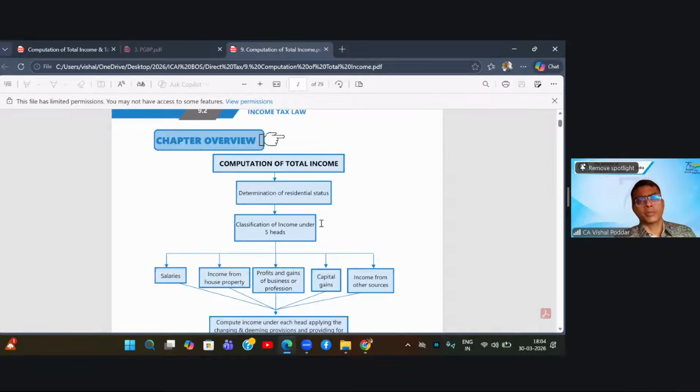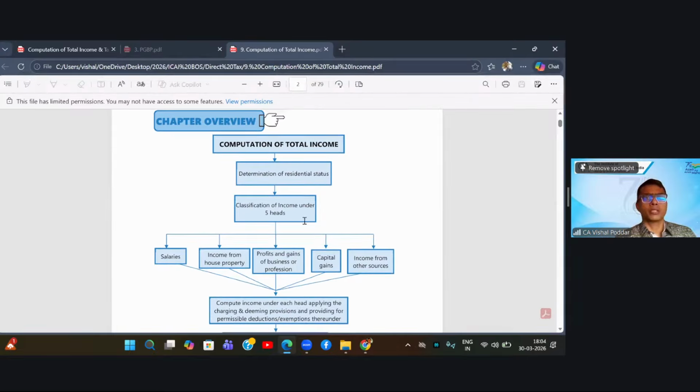Then comes the next step. After you have decided what incomes you will be taxed on in India as per the Indian tax laws, as per Section 5, read with Section 6, then comes the next step. The next step is now dividing these incomes into your 5 heads or 5 sources. Now, if you remember my earlier classes, I have always been saying how to determine under which head or which source your income will fall.